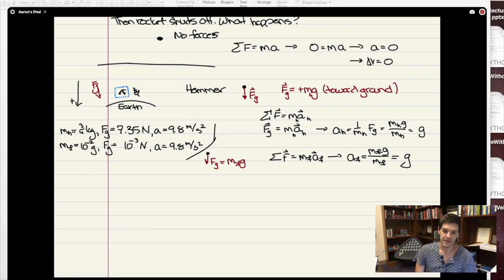And the reason this comes about is because the force of gravity depends on the mass, but so does the overall acceleration. Newton's law says that force equals the mass of the object times the acceleration. And since both the force and the right-hand side of Newton's law have a mass in them, those masses cancel out. And as a result, the acceleration you get is independent of the mass of the hammer and the feather.